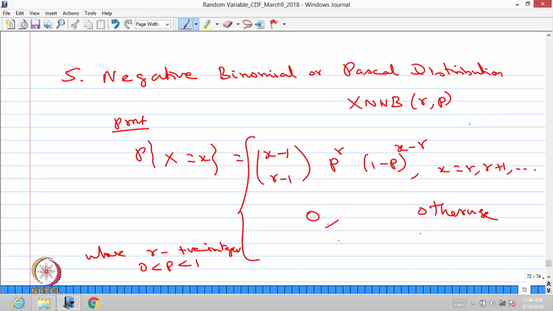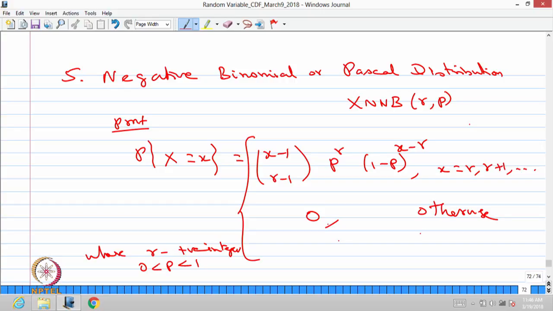The probability mass function can be visualized as getting r minus 1 successes out of x minus 1 Bernoulli trials, which follows a binomial distribution, followed by the rth success.